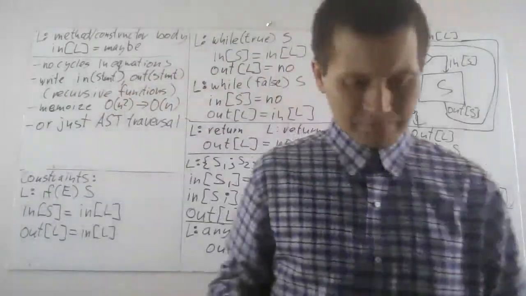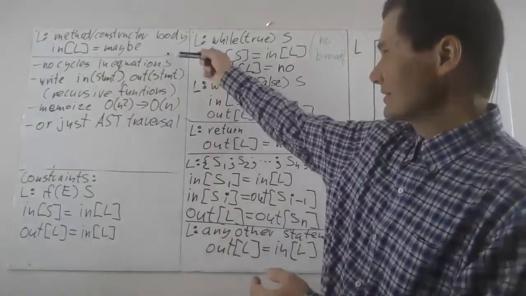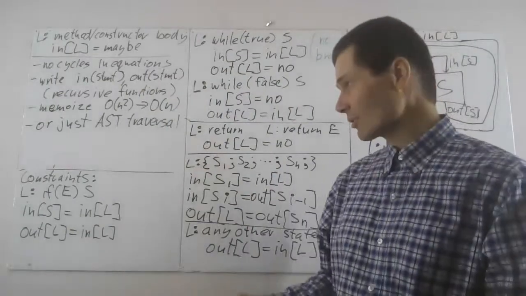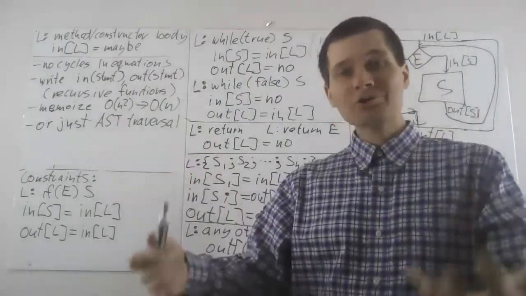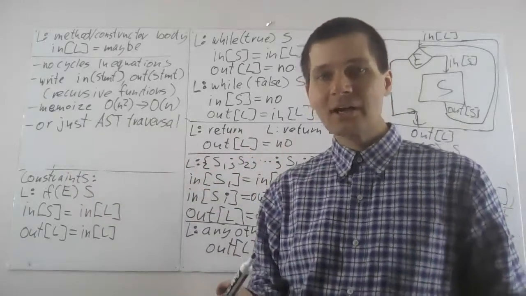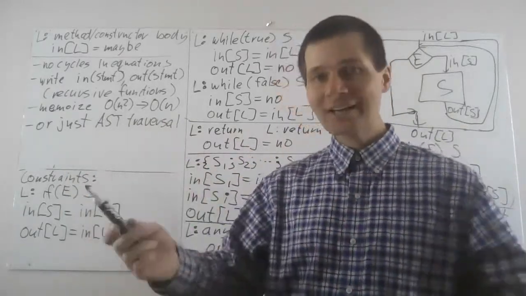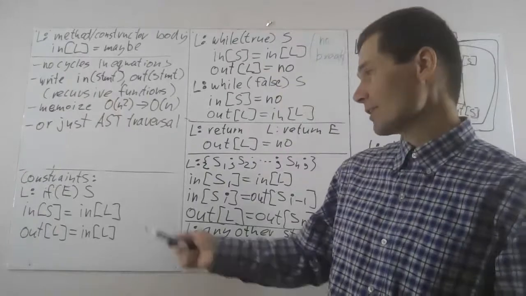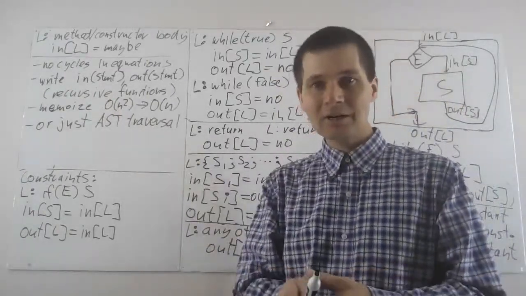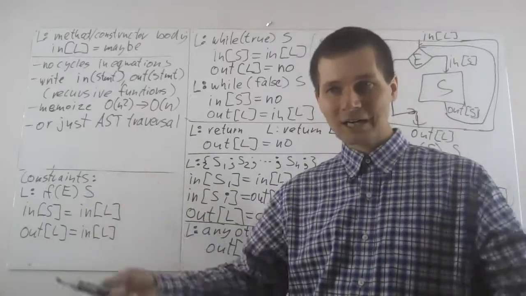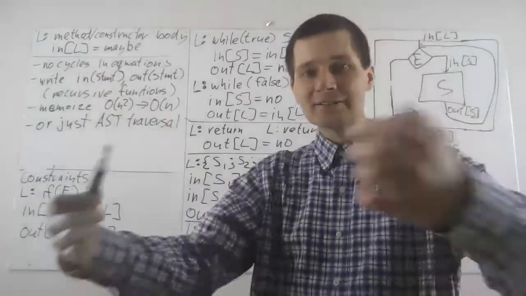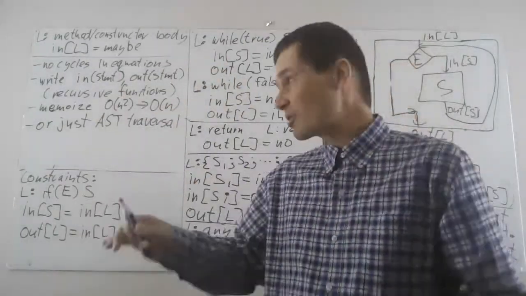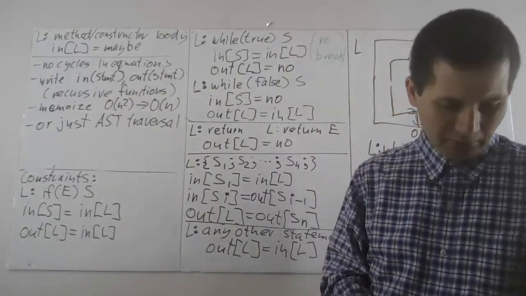Okay, so the trade-offs are that doing it this way with the explicit in and out sets is closer to the theory, and it's more generalizable to other static analyses. But if you find it easier, for the purposes of just getting assignment 4 done, to just code an AST traversal, like a depth first search to find AST nodes that are maybe reachable, that's totally fine for the assignment.